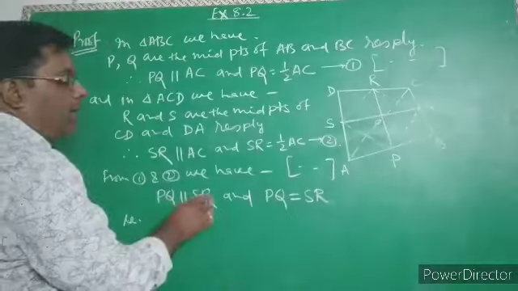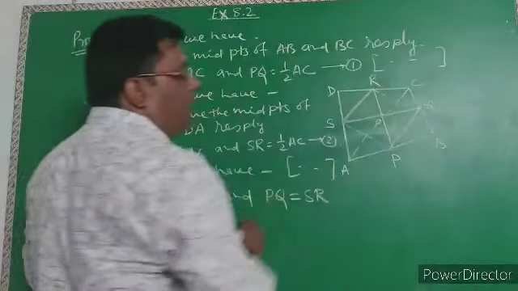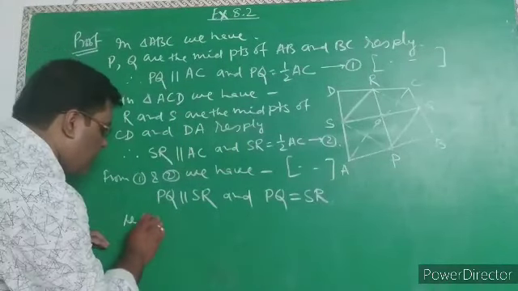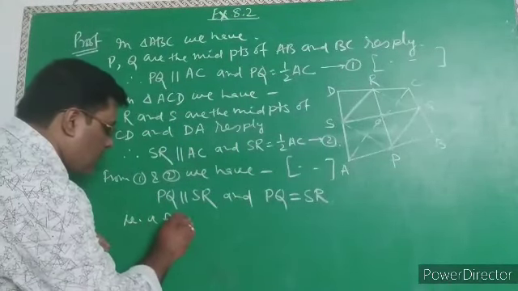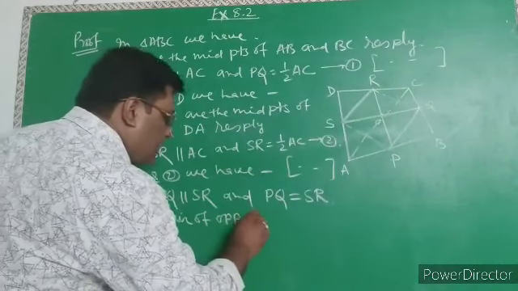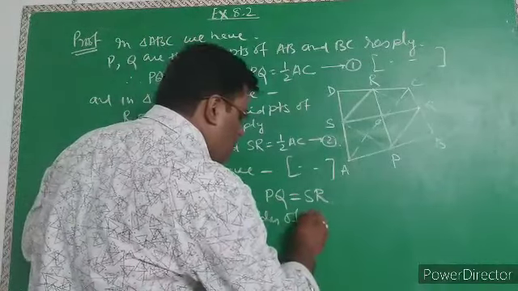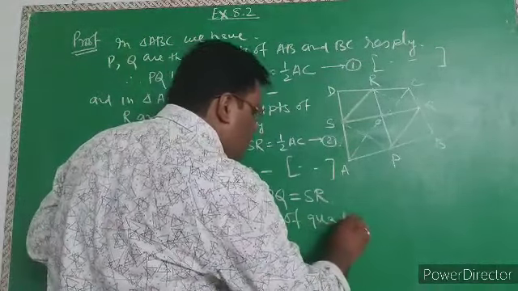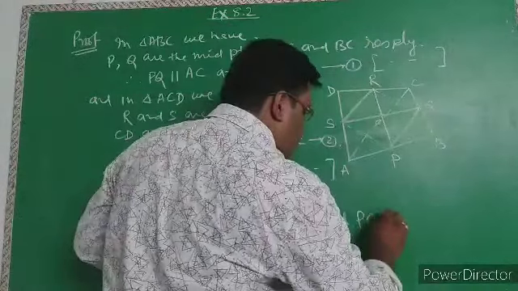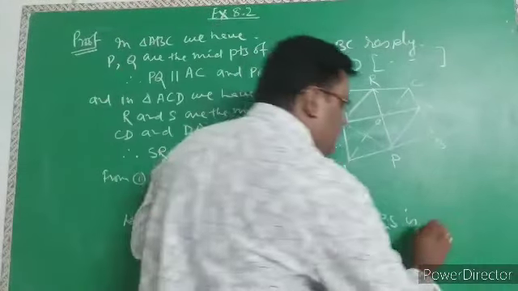So since this PQ and SR are equal and parallel, a pair of opposite sides of quadrilateral PQRS is equal and parallel.